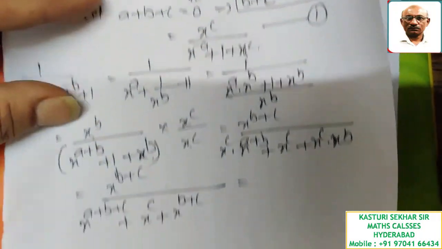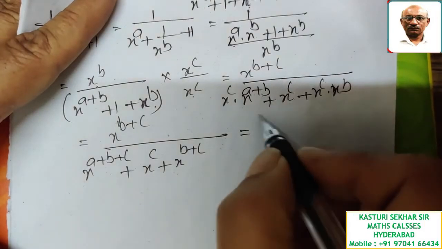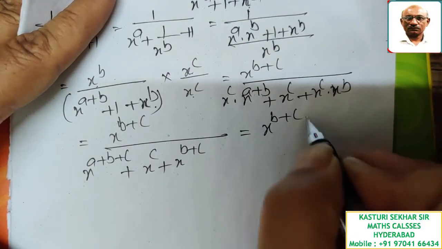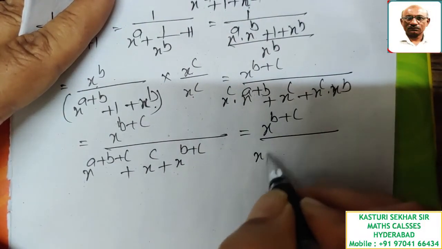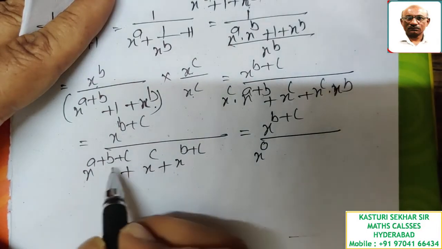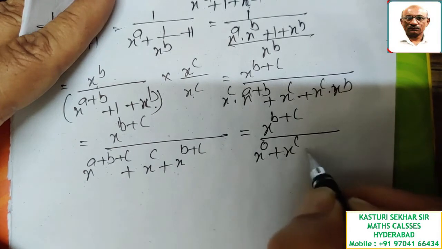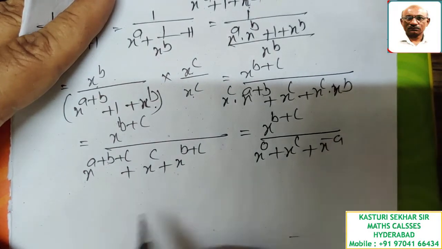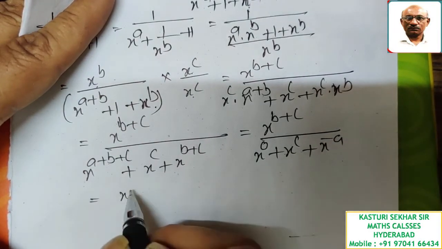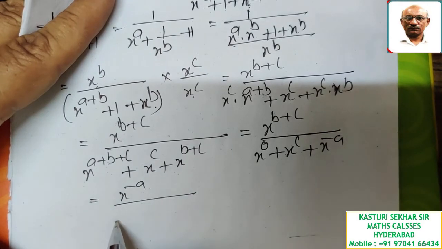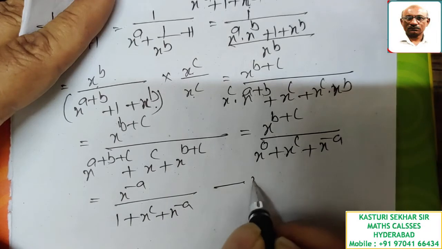So this is x to the power b plus c divided by x power 0. We have taken the assumption a plus b plus c equal to 0. This is the third term.